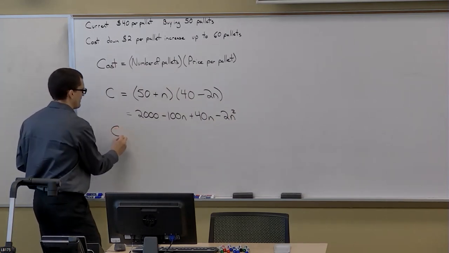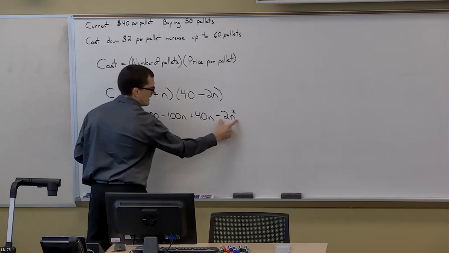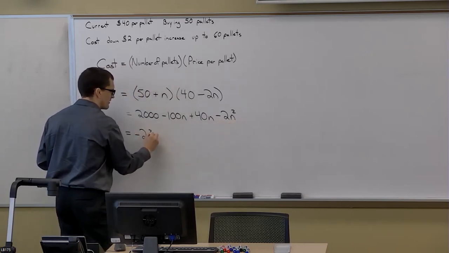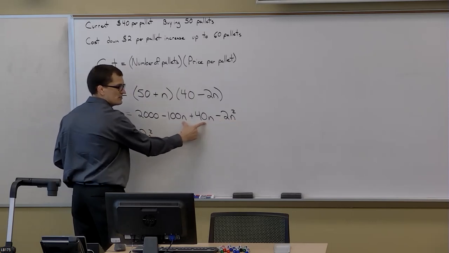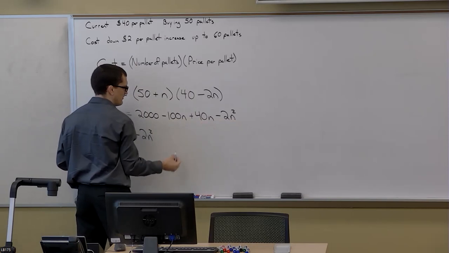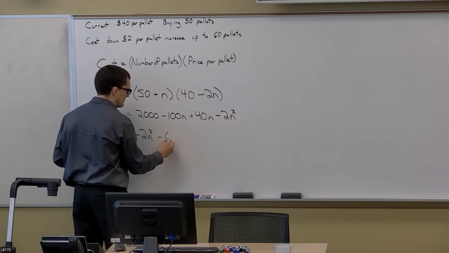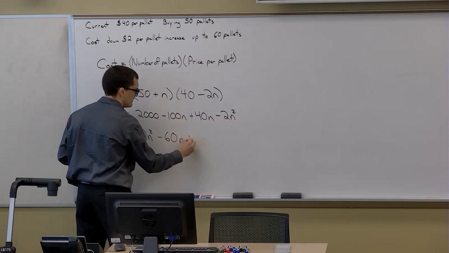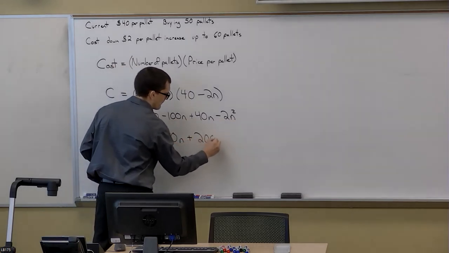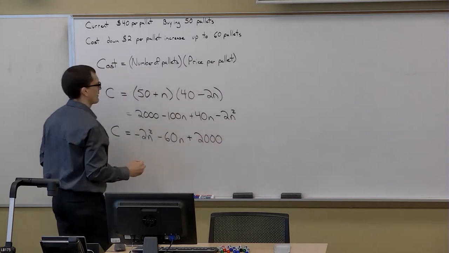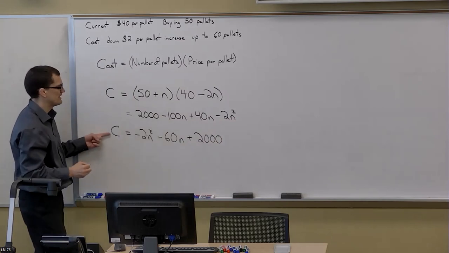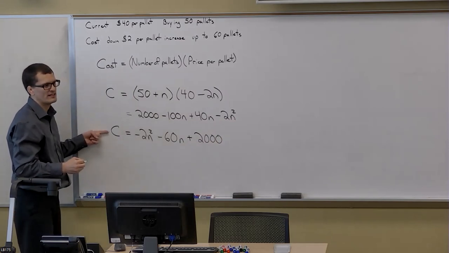I'm just going to rewrite that so that the n squared comes first. That's negative 2n squared. Then these two are actually like terms. So if you have negative 100 and a positive 40, you actually have negative 60n. And then you have plus 2,000 there. Is that right? So you can see that this is quadratic in nature.